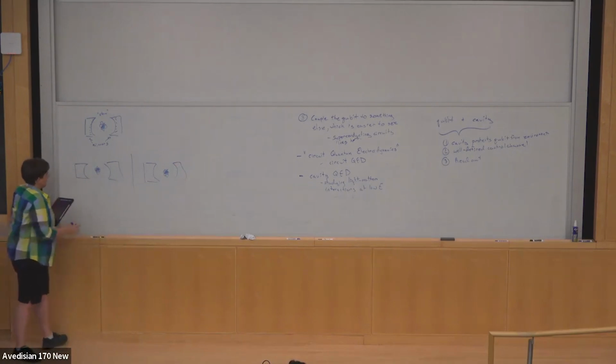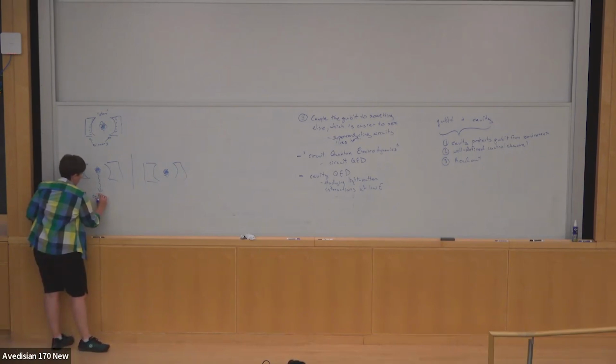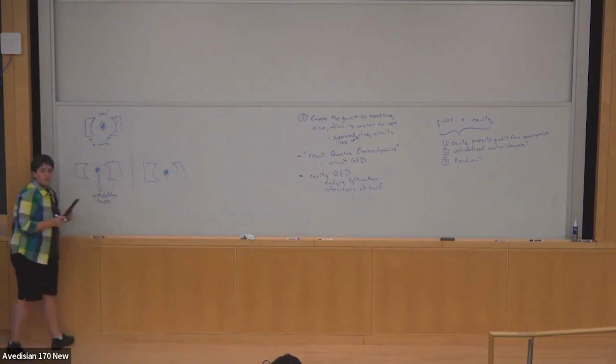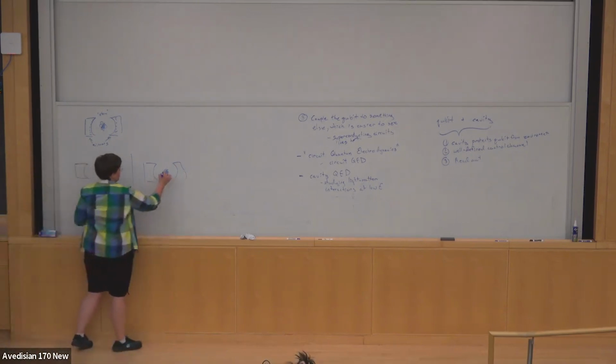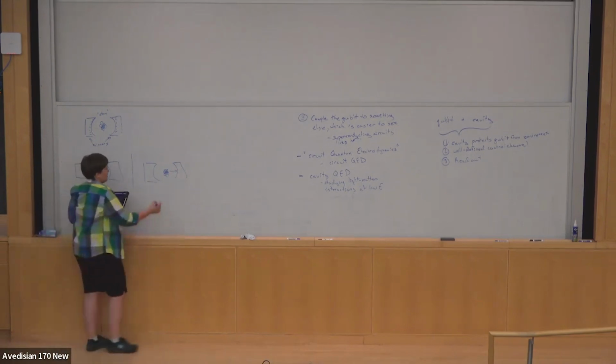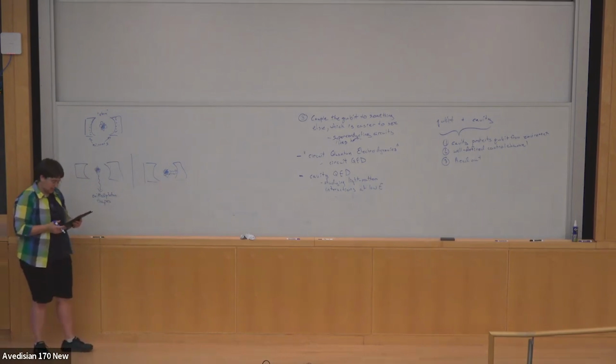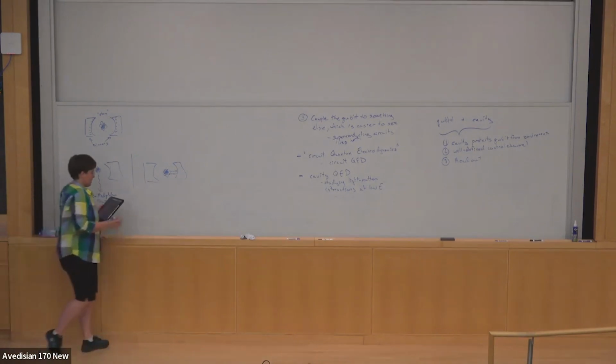You have your atom in between your mirrors, and two different kinds of things can happen. So if this atom spontaneously emits, it could emit sideways, in which case the emitted photon escapes, right? But it could also emit into the cavity. And so then that outgoing photon bounces back and gets shown back onto the qubit.